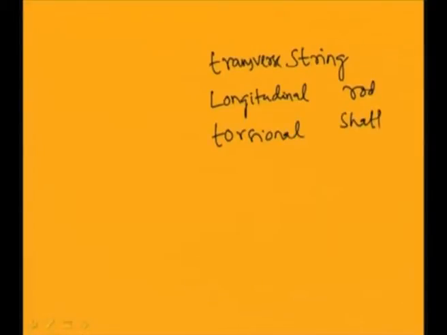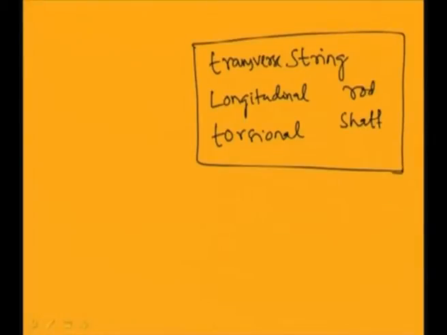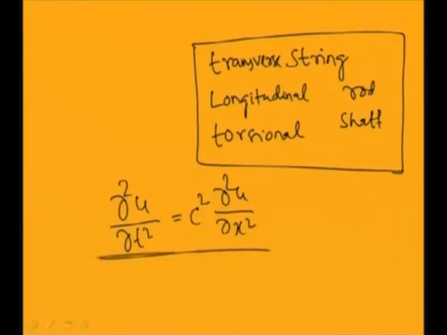In these three cases you have found the equation of motion to be of the same type, which can be written as ∂²u/∂t² equal to c² ∂²u/∂x², which is known as the wave equation. Now we are going to find the response of the system from this wave equation.